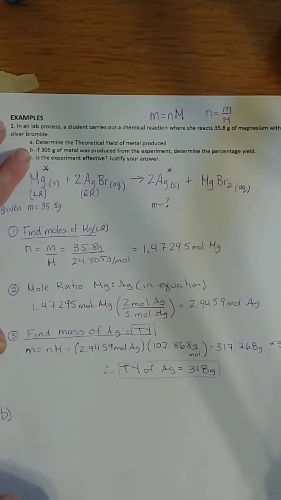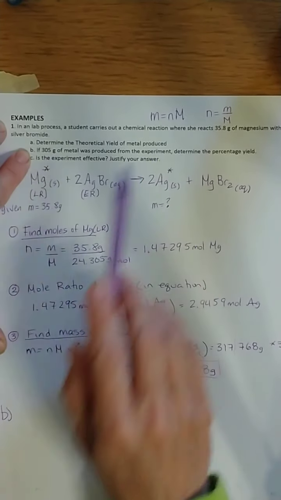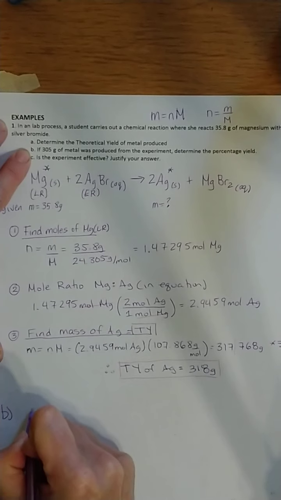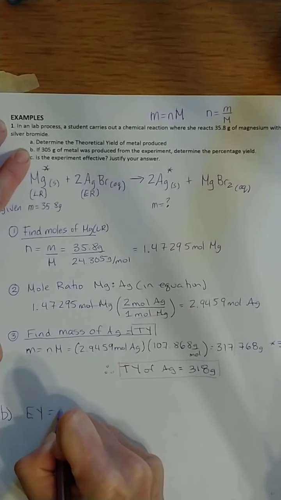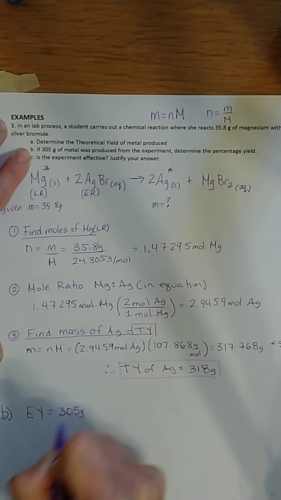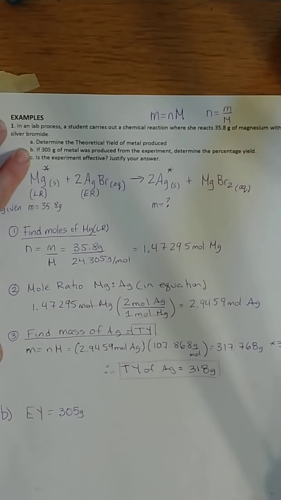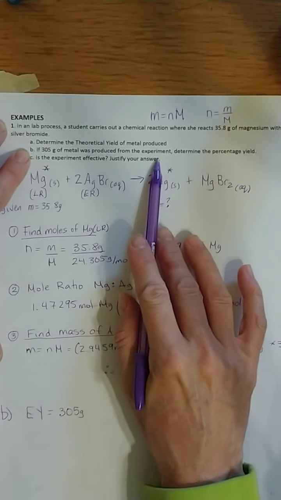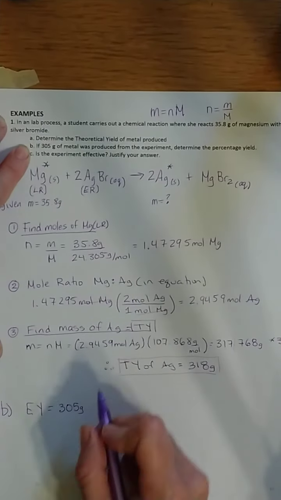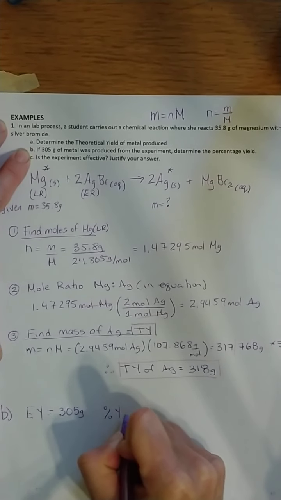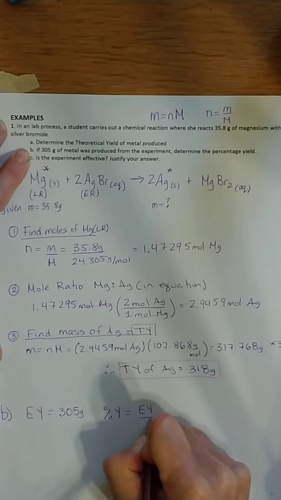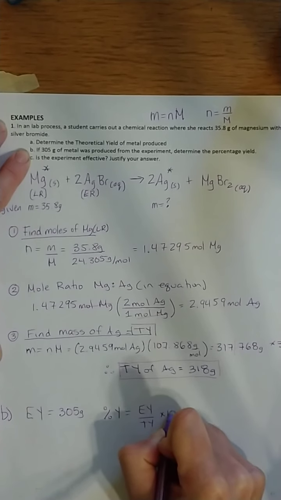So let's say if you produced from your experiment only 305 grams, so that's your EY. So your EY is 305 grams. Okay. The question is asking you to determine the percentage yield. So percent yield is your EY over your TY times 100.